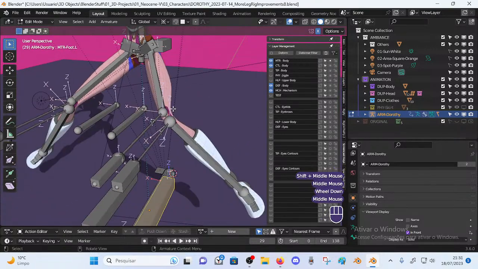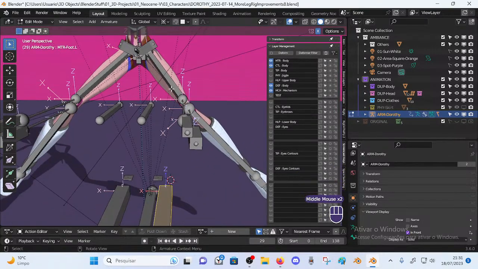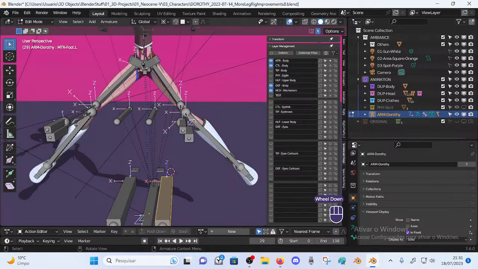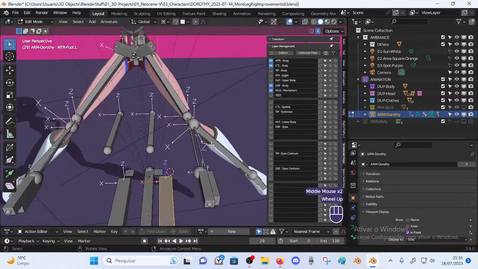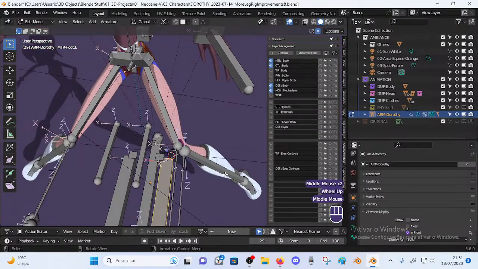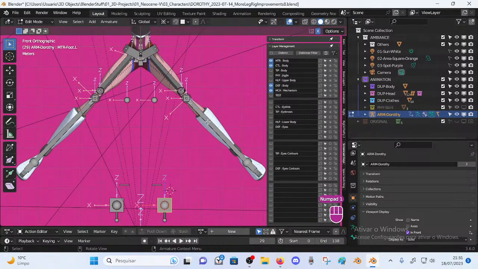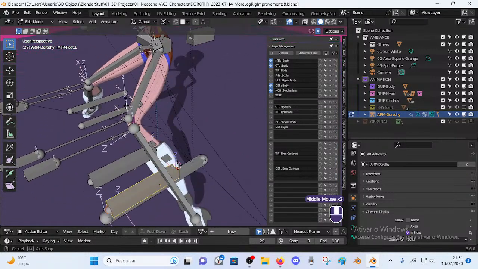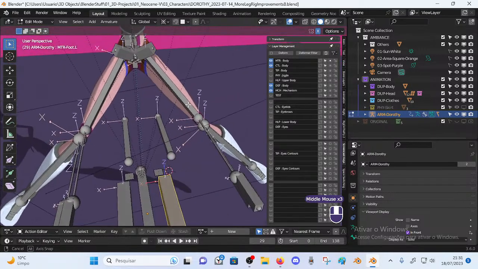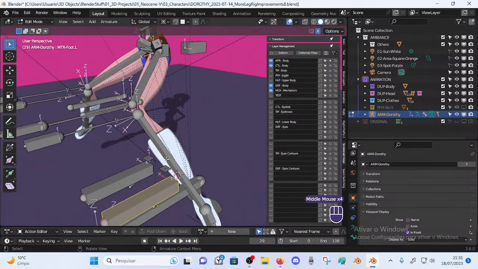Even though the rest position for these bones in this case is not totally aligned in terms of bone rolls, or even aligned in this line, because the leg is rotated.